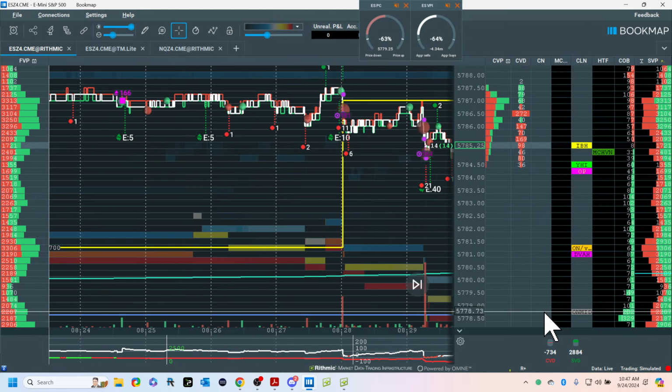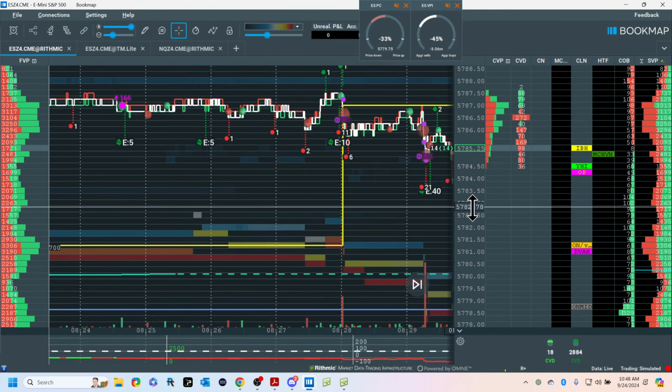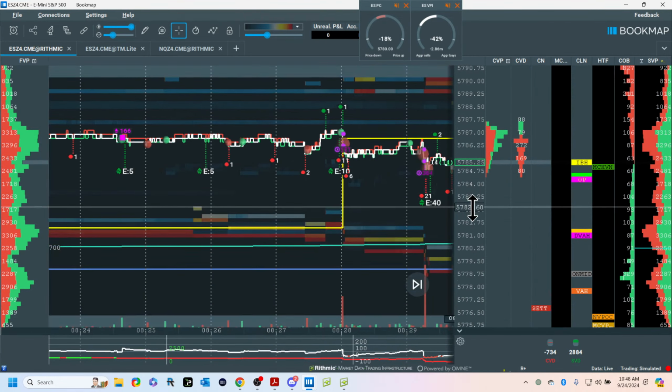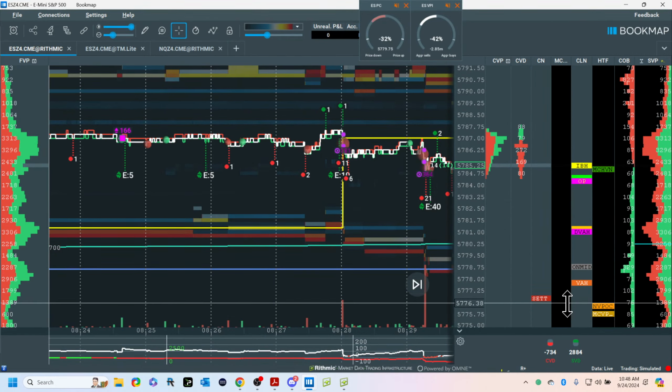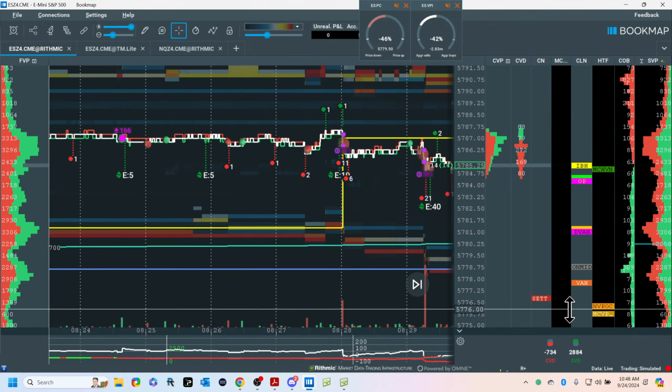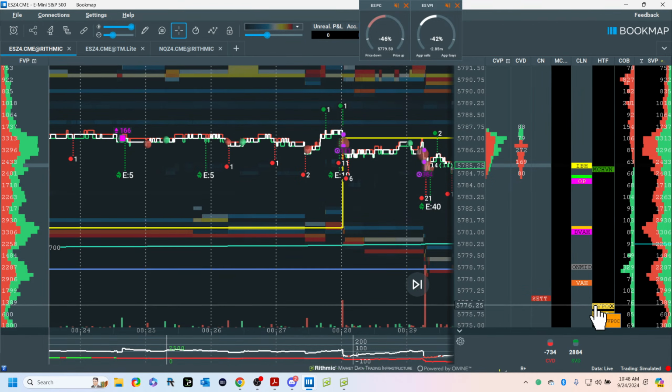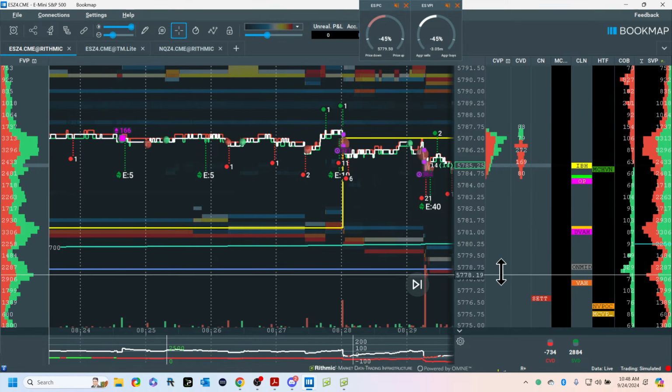There's a 65 to 70% probability we get here. Depending how you're looking at it, about a 70 or 67% probability to get here. Previous settle, gap to settle.